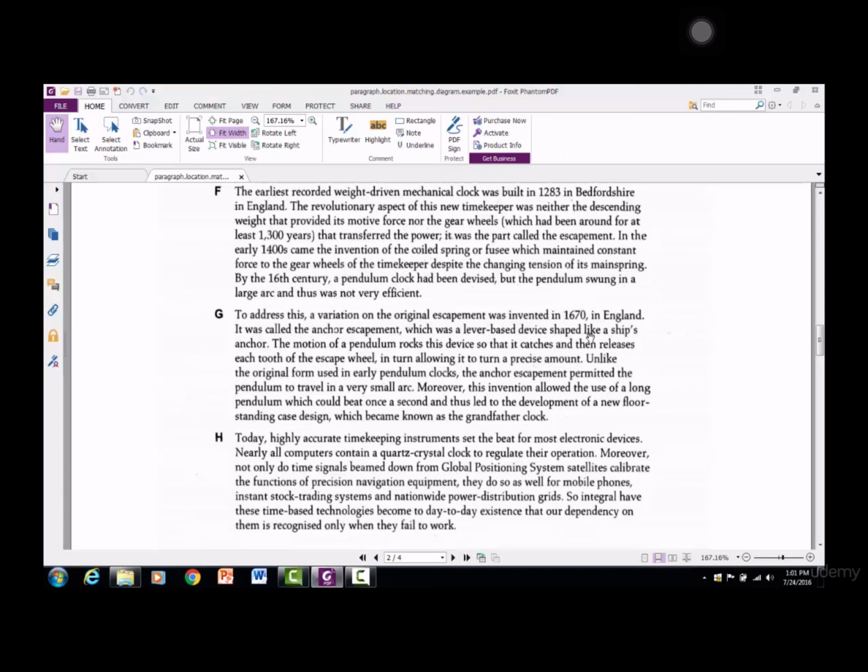Shaped like is the same thing as resemble. I'm right here in the second sentence of paragraph G. Shaped like a ship's anchor. So the answer I will write is ship's anchor.